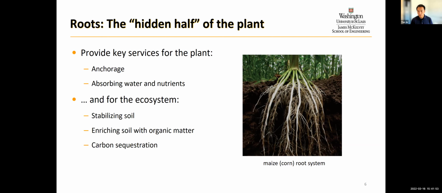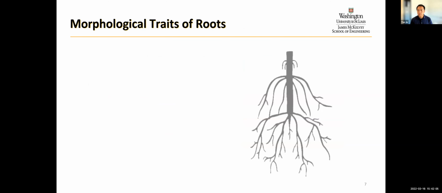So when it comes to roots, the structure is very complex, of course, and rather unpredictable, unlike the above ground part of the plants, which everybody is familiar with. There are many aspects of the shape or the form of the roots that biologists do care about. So these traits, what we call morphological traits, are the aspects of the forms of the root.